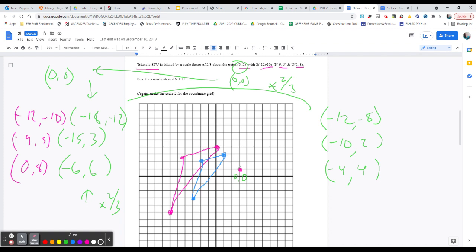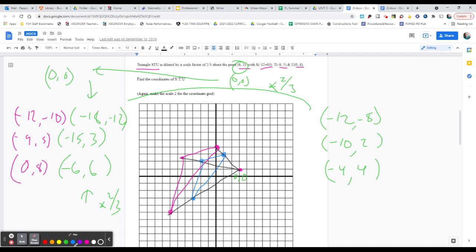It goes through (0, 0), through my original point, which was (-12, -10), and that new point right there. There's a straight line that goes from the center of dilation through those two points right there.